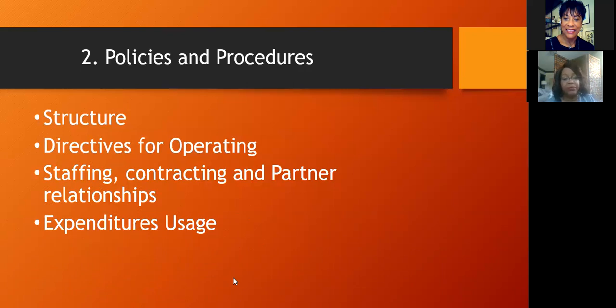I've witnessed that with many programs where they may not have been as attentive to expenditure usage as possible. And these are key points simply because all programs should and most likely will be audited at some point. So you want to make sure that you're aware of your expenditure usage. We'll talk a little bit about that more in the next slide.